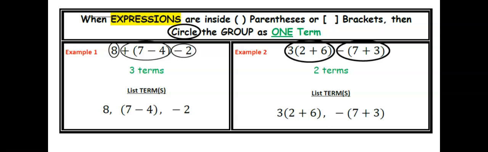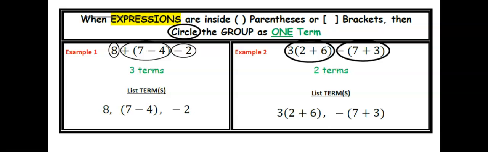So I read those parentheses as the quantity of 7 minus 4. When expressions are inside parentheses like that, or sometimes they're brackets, parentheses are curved, brackets are squared off, they're considered a grouping symbol. What's inside gets lumped together and forms one term.